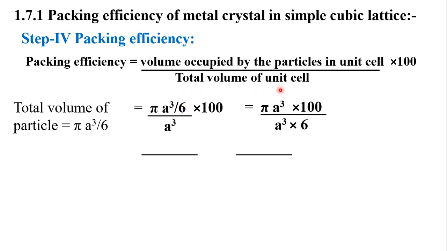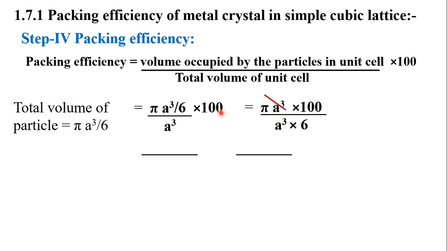is nothing but what? A cube, because in any cubic lattice or cubic unit cell, edge length is same, and therefore A into A into A is the total volume of the unit cell that we have already studied. So here pi into a cube divided by 6 divided by a cube into 100. So that is equal to what?